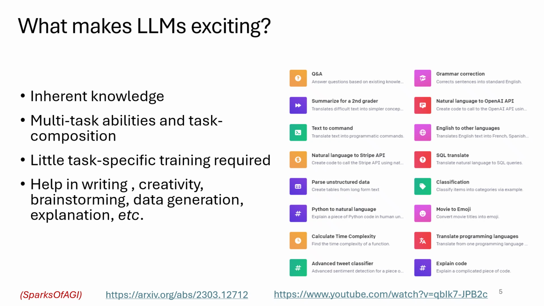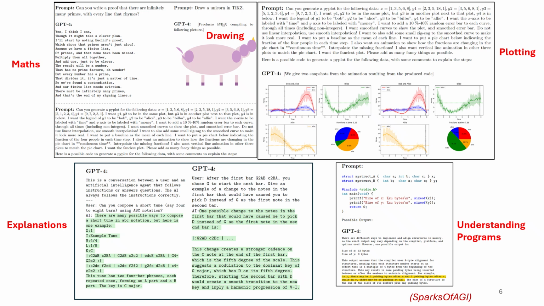These are mostly coming from the inherent capabilities of the model, with a lot of pre-training the model has been done on, and post-training helping to align the model to certain instructions and preferences. And so you can see the wide range of tasks, be it writing, creativity, brainstorming, data generation, explanation, etc. That's what has generated all this excitement about LLMs.